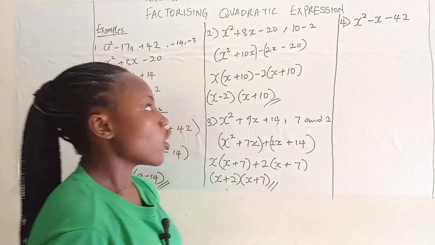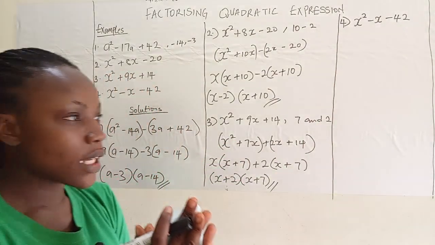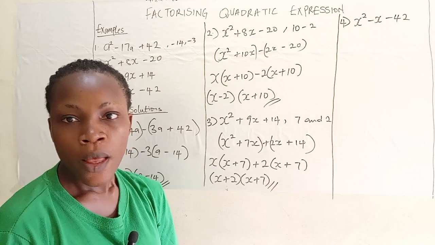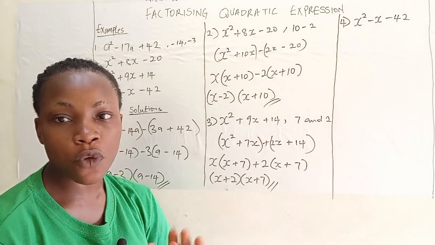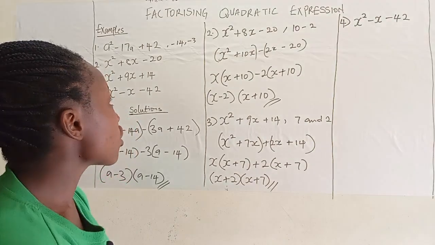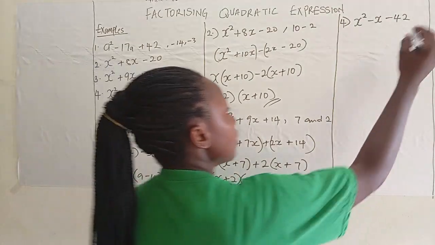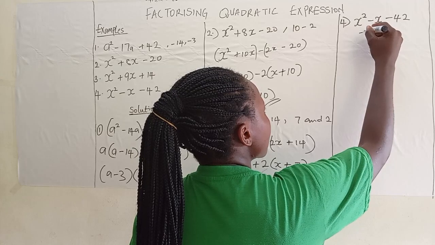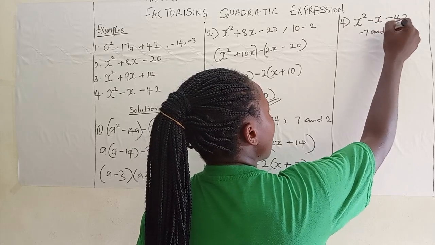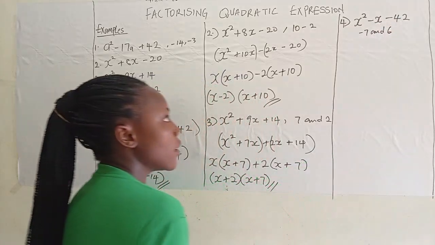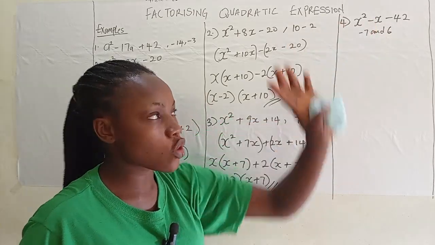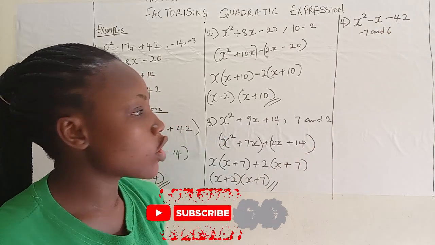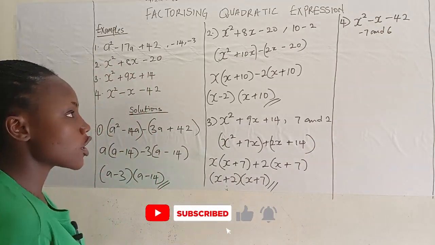Once we multiply them together, they should give us minus 42. Those numbers are minus 7 and 6. If we add them, it gives us minus 1, and if we multiply them, it gives us minus 42.